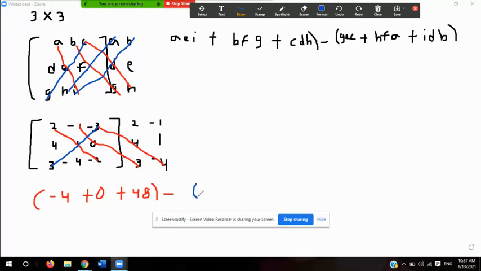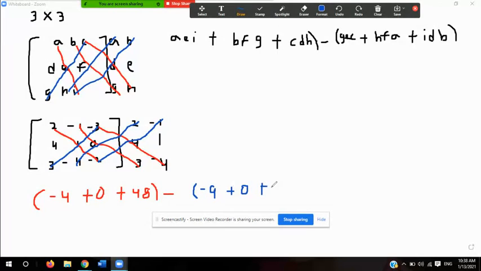Let me go ahead and write the parentheses. Negative 9. And then we have negative 4 times 0, which is 0, and 0 times 2 is 0, so plus 0. And then the last part that we have is negative 2 times 4, which is negative 8, times negative 1, which is 8, so plus 8.